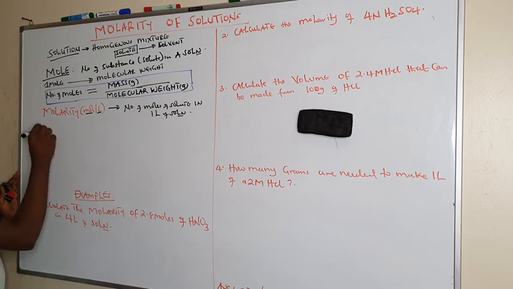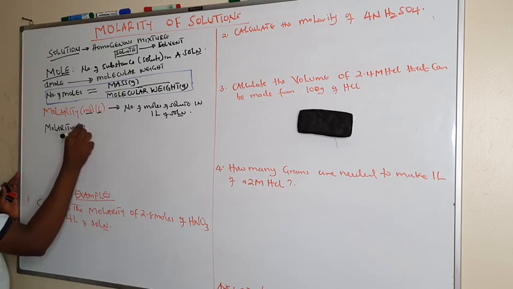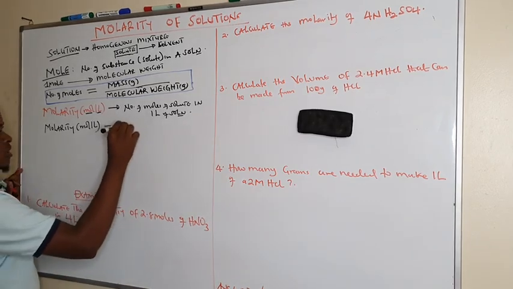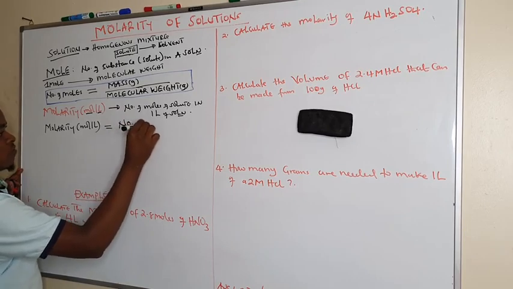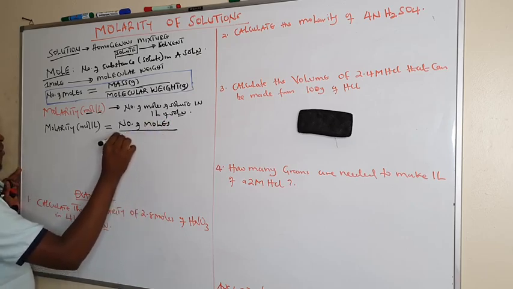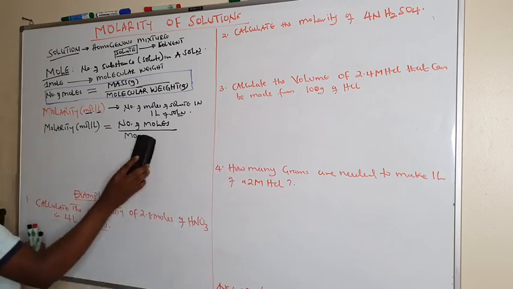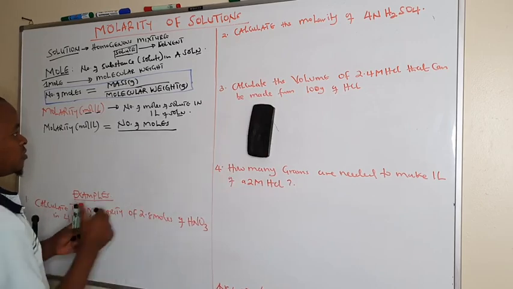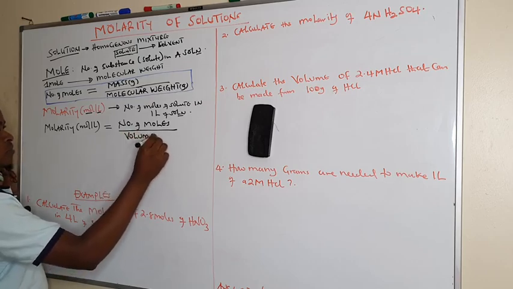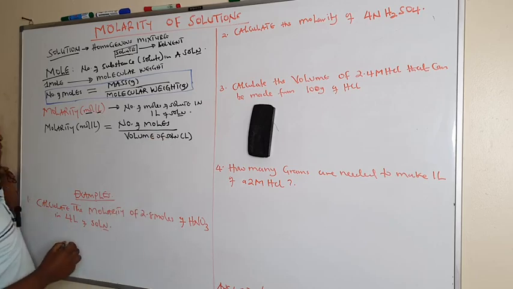And this molarity can be calculated. Molarity, or what we call mole per liter, can be calculated by using the formula: number of moles of a solute divided by the volume of the solution, and this volume should be in liters.